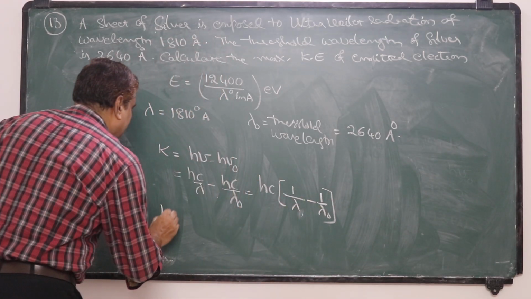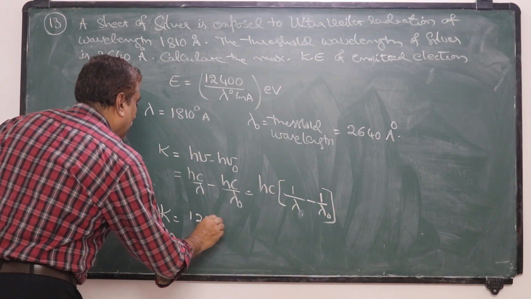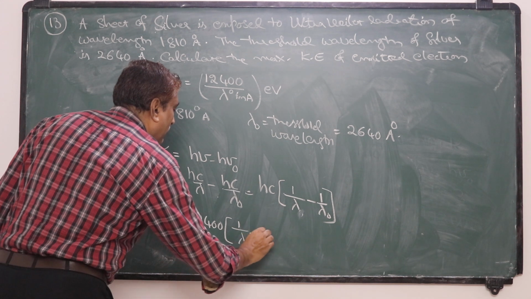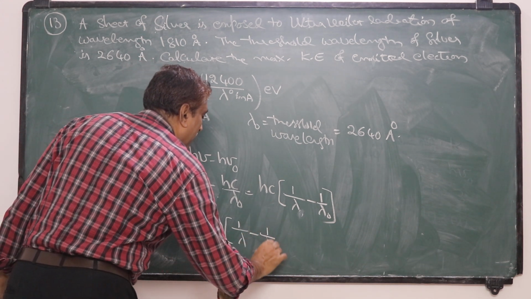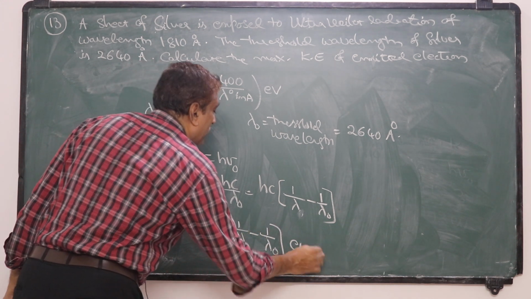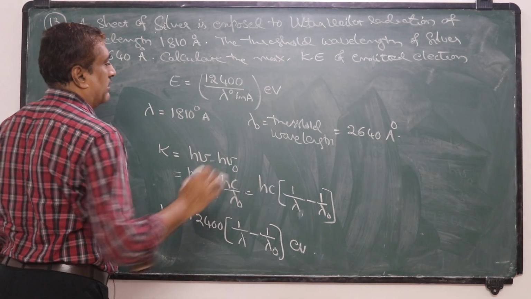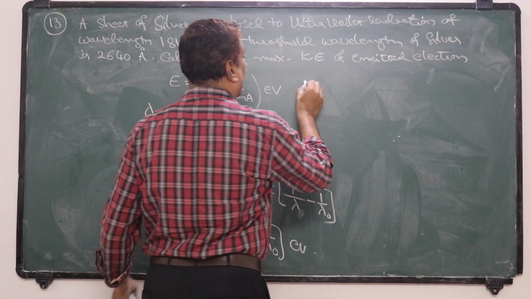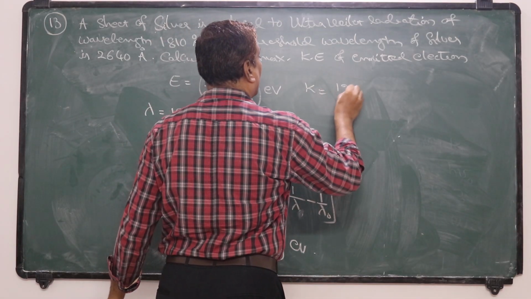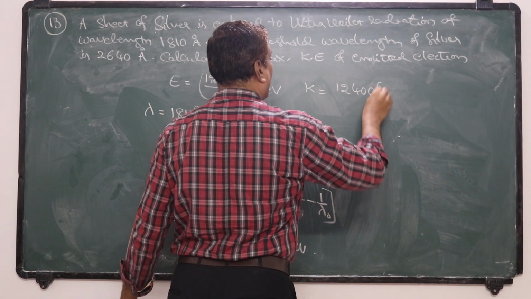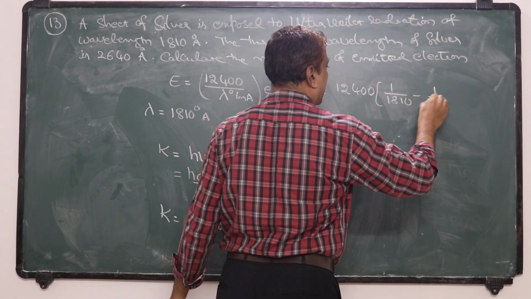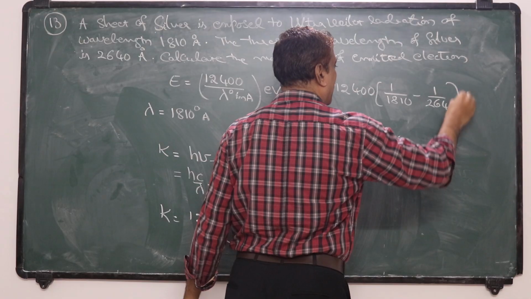So K is equal to 12400 into (1 by λ minus 1 by λ₀) electron volt. Substituting, K is equal to 12400 into (1 by 1810 minus 1 by 2640).